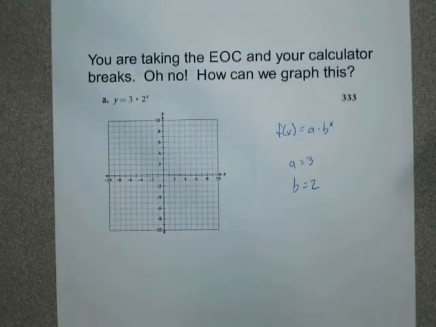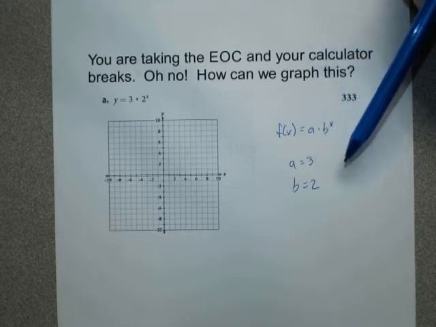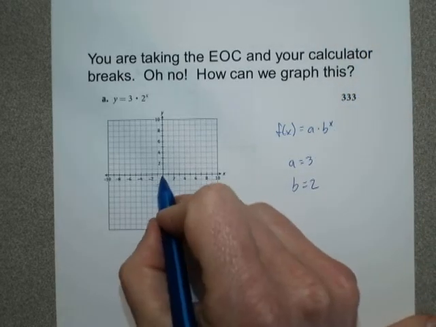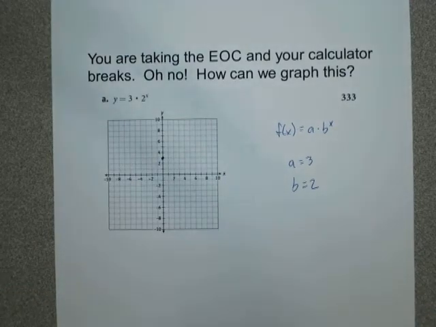Initial value means you haven't moved anywhere. It's the output when you started. So if we haven't moved in this equation, our output is 3. So if our input is 0, which means we haven't moved left or right, our output is 3. So we know we have a dot right here. And then we have this common ratio of 2.